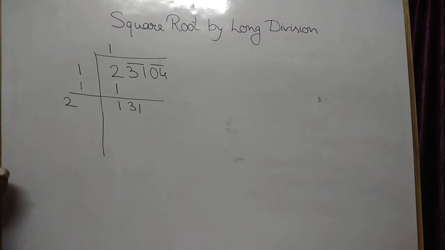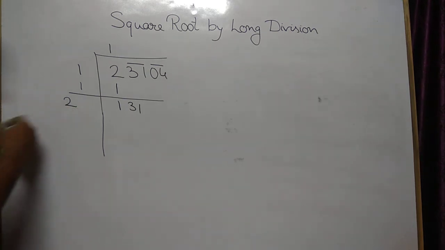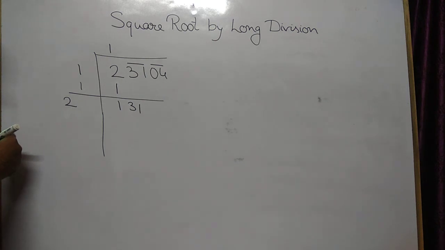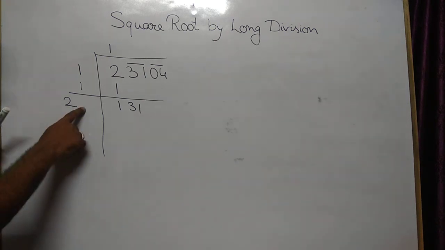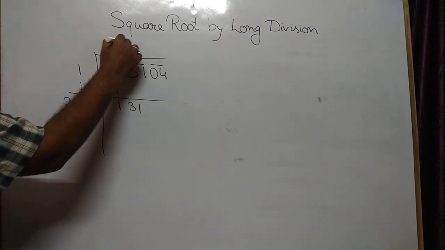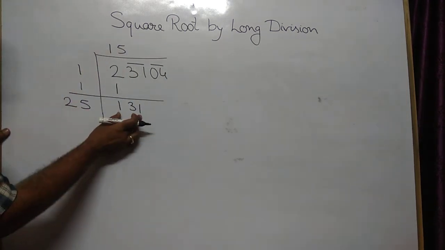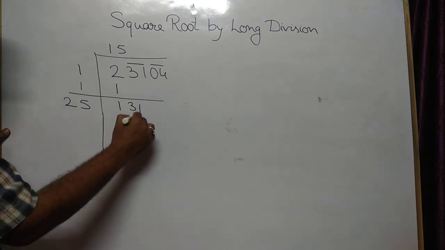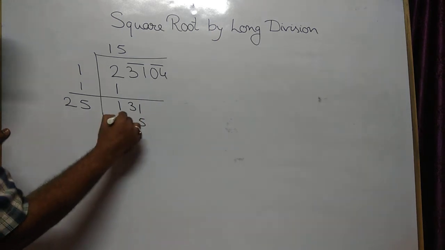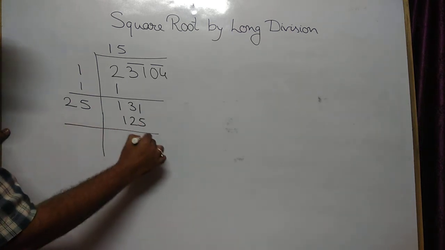How do we find it? We try 3, 4, 5. If we write 5 here, the next square number which is less than or equal to 131 is 125. 5 5s are 25, 5 2s are 10, 12, 125. 131 minus 125 is 6.